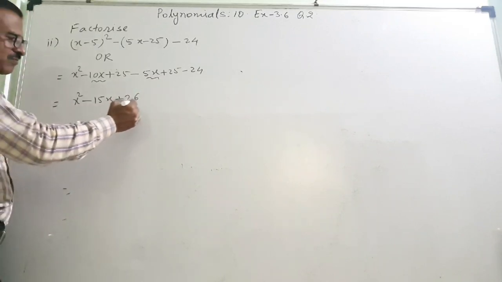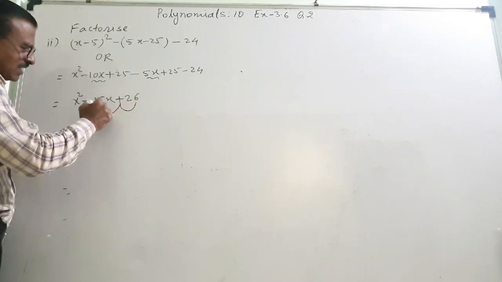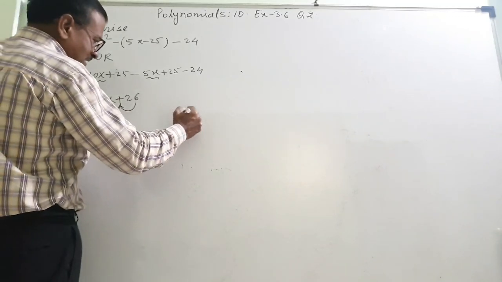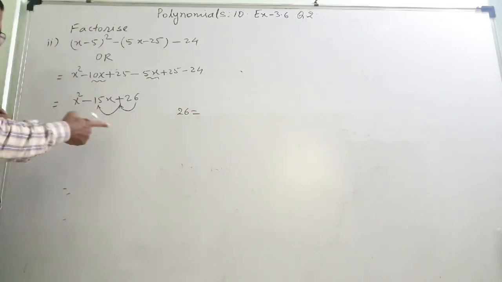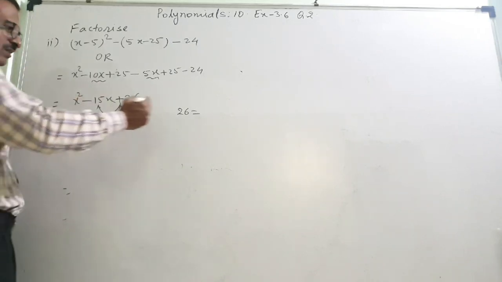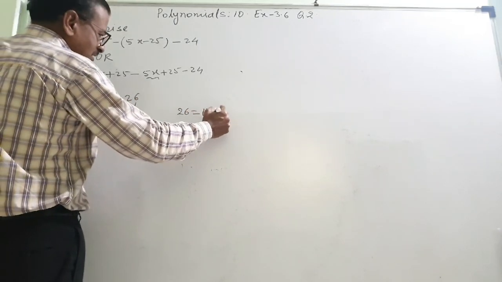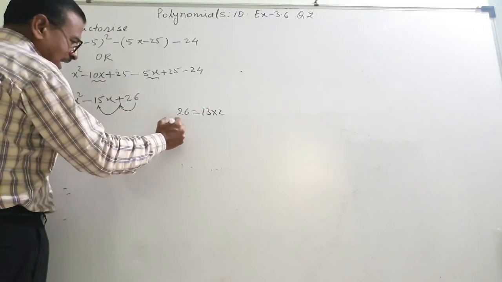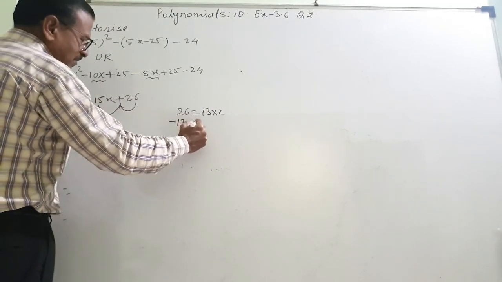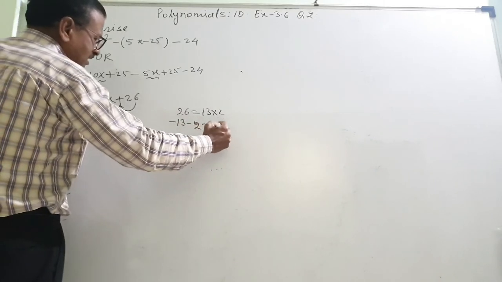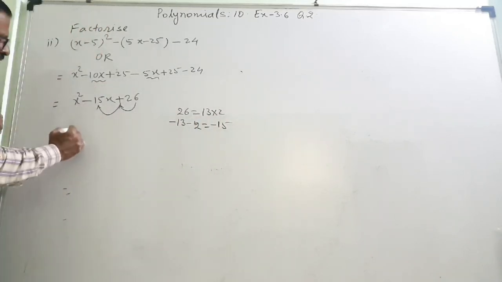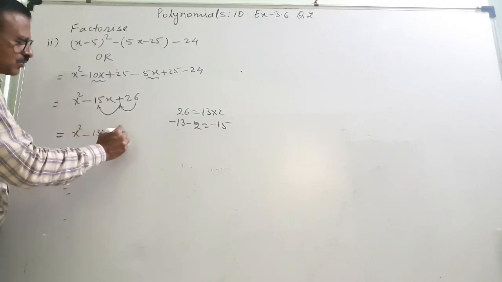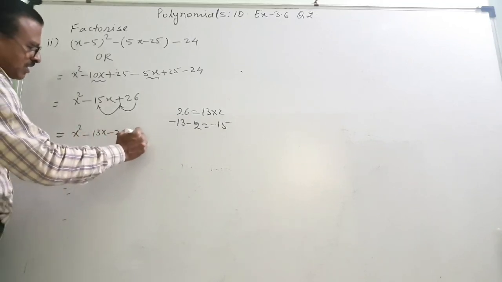So find the factors of 26 such that their addition is minus 15. 13 twos are 26, and 13 and 2 is 15, but that addition should be minus: minus 13 and minus 2 is equal to minus 15. So work is over. x square minus 13x minus 2x plus 26.